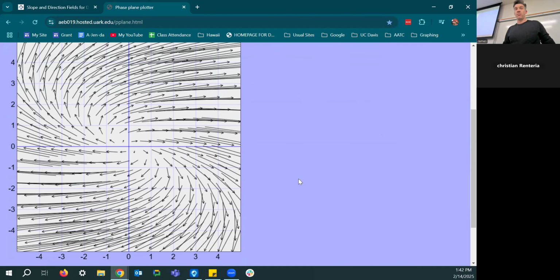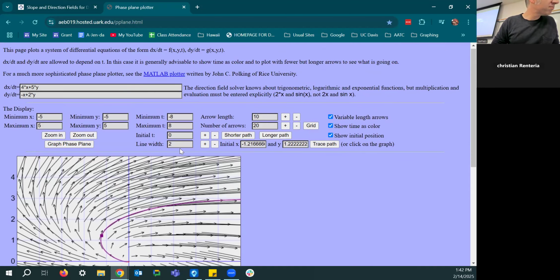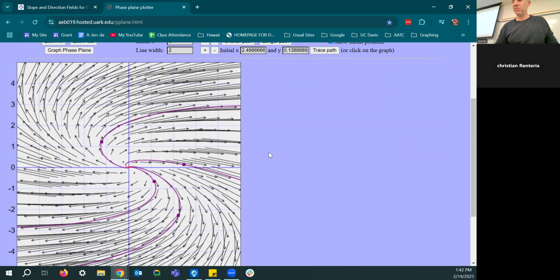We're definitely going outward away from the equilibrium. If you pick any point you start with, you can see we are spiraling outwards. It doesn't look as spirally as some other spirals sometimes look, but it's a spiral.